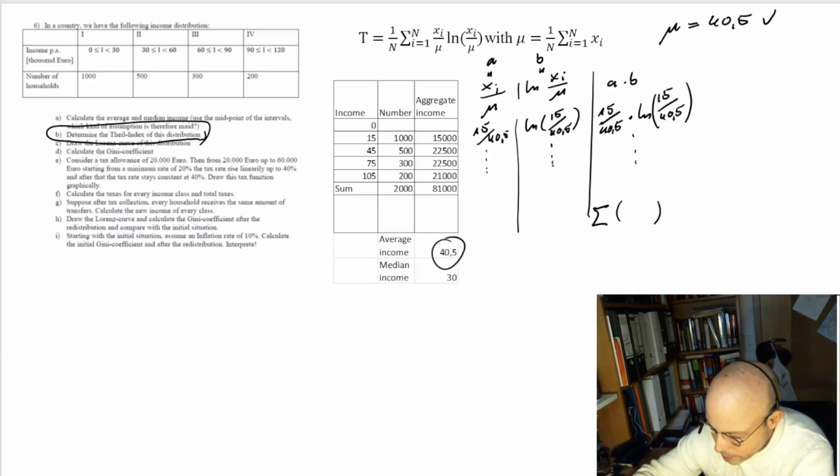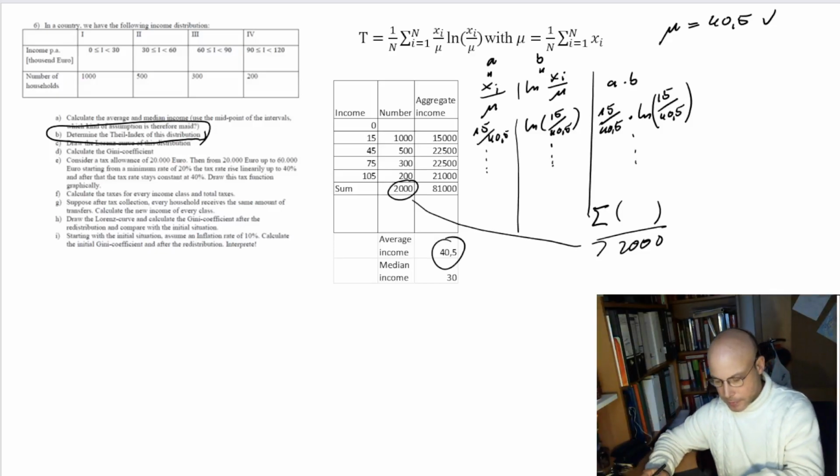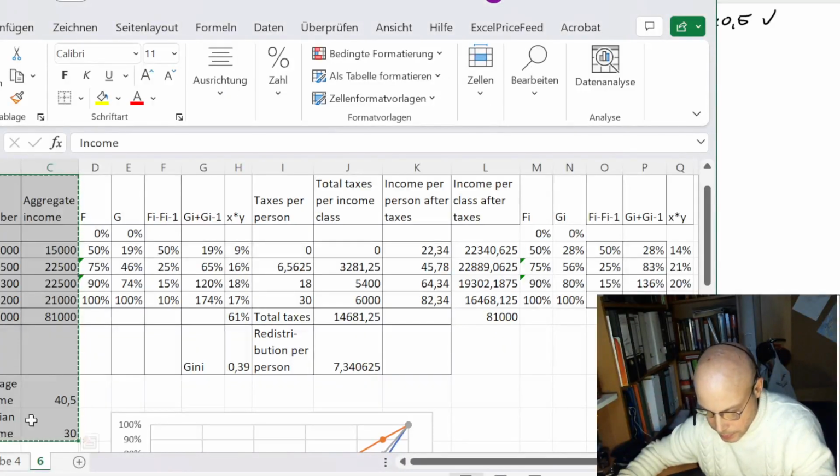Yes, great. So please do not only divide this by 4, the number of classes, but then you have to divide this number by 2000. Great.